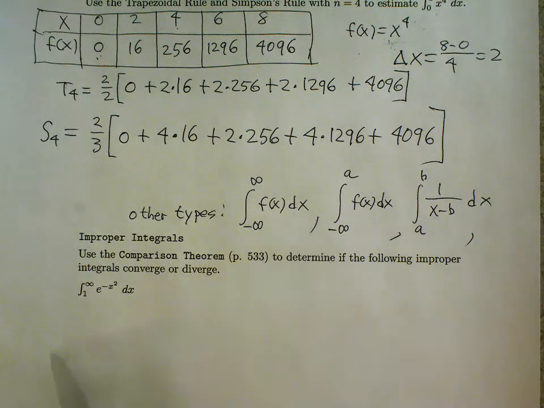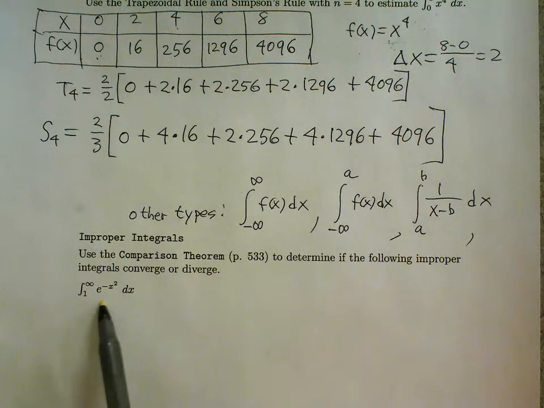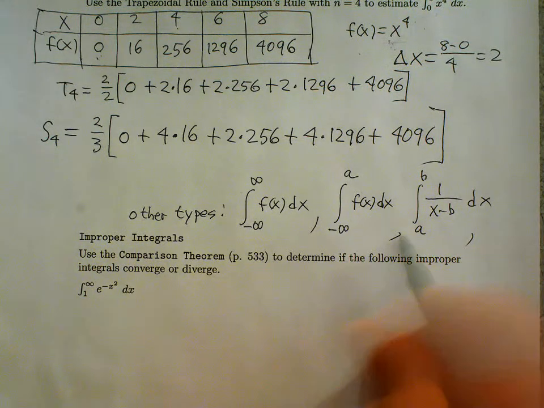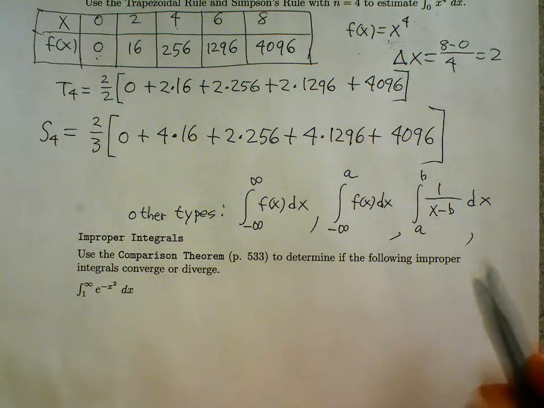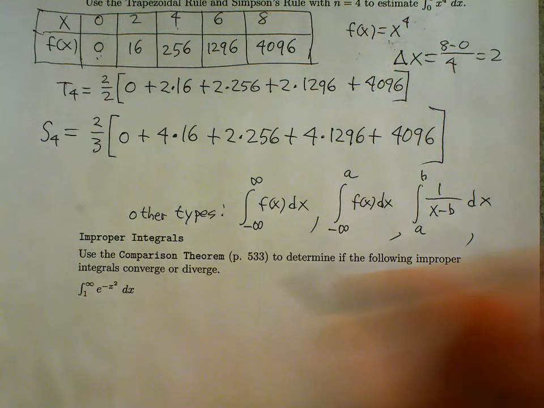But if you don't have that, it might take 2 or 3 or 4 attempts to actually come up with something that works. But I suspect that this one converges. So if I'm required to use the comparison theorem, then I'll start out this way.